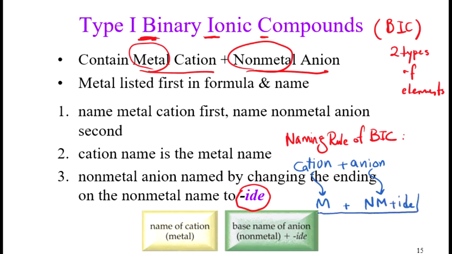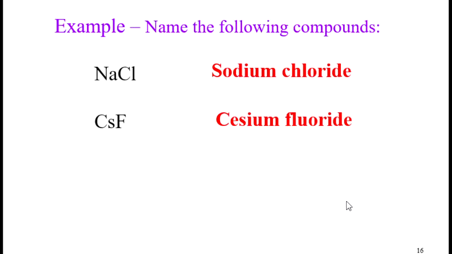So metal, non-metal, IDE. We are going to see what that means. I'm going to call the name of this compound. NaCl. Two types: cation and anion, metal and non-metal. NaCl. So metal, non-metal, IDE. How about this one? Metal, non-metal, IDE.